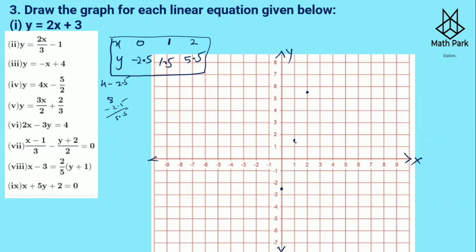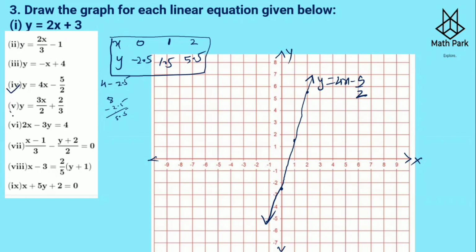So let us draw the graph using the scale. Let us join these points. And this is our graph for the fourth one, which is y is equal to 4x minus 5 by 2. Okay, so the fourth one is done.